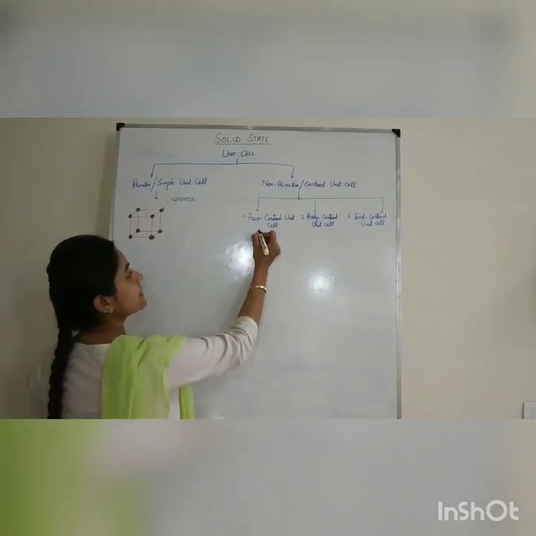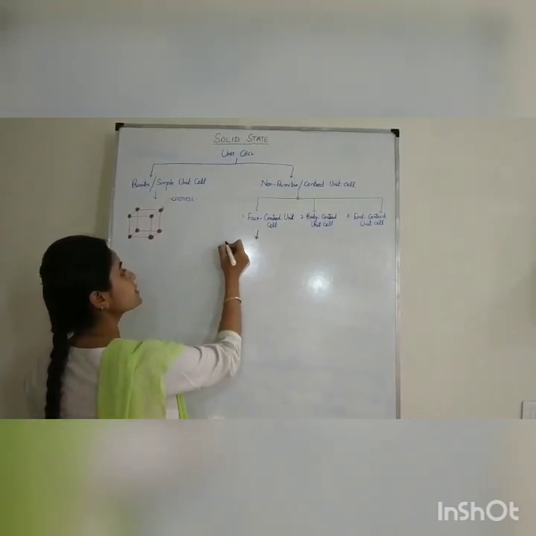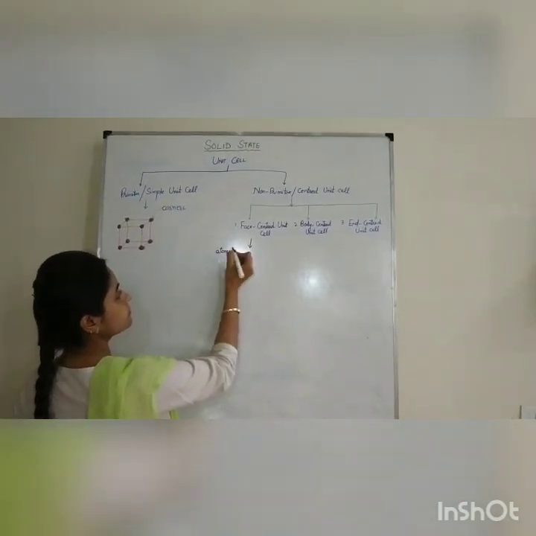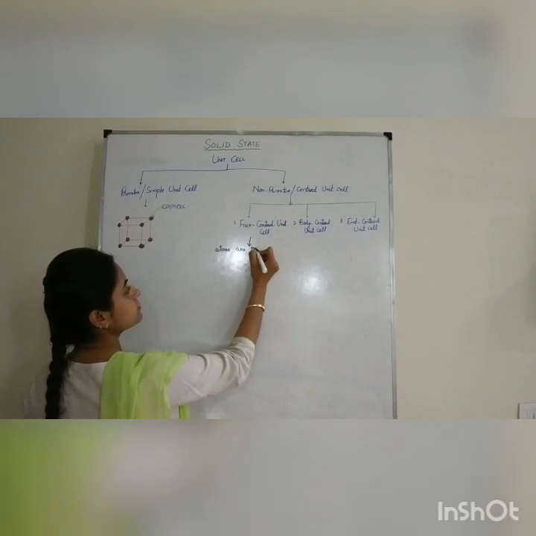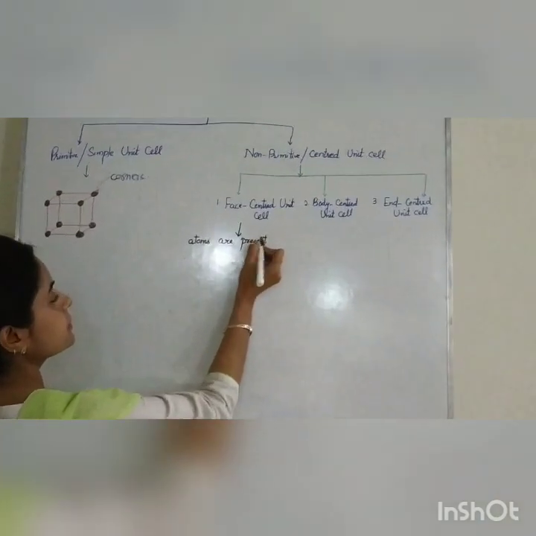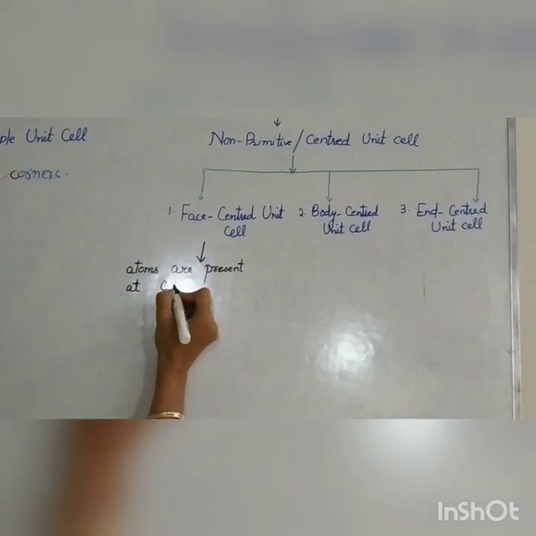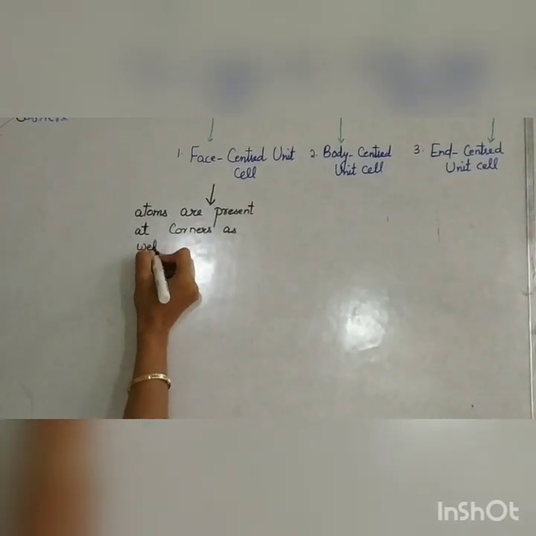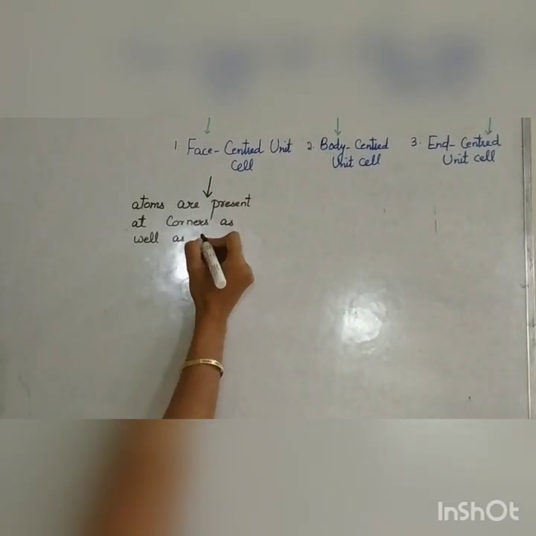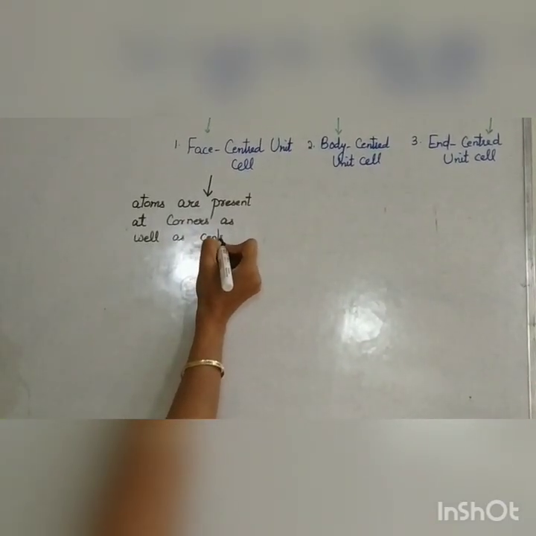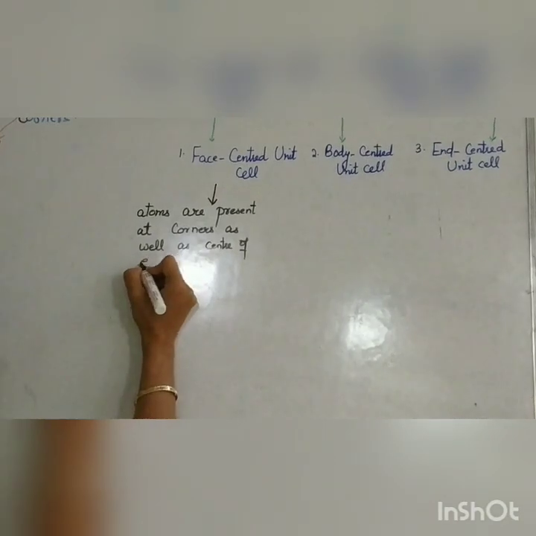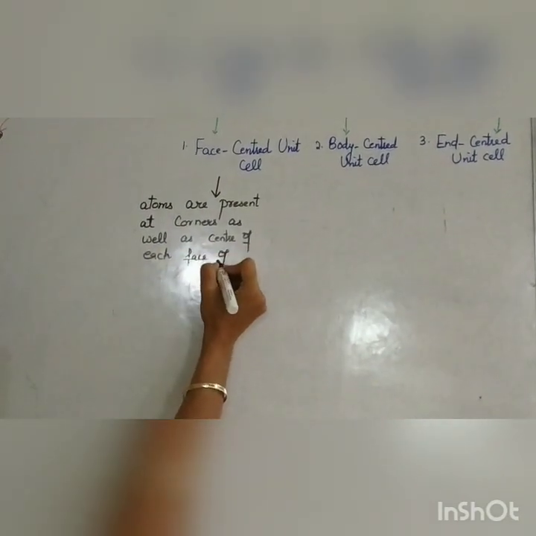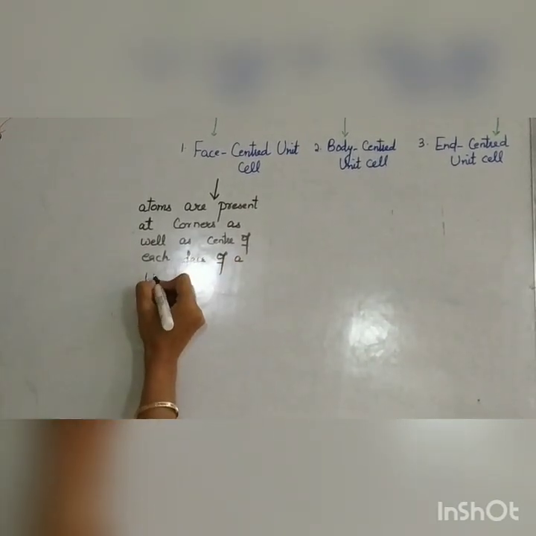Face-centered unit cell is that cell in which atoms are present at corners as well as at the center of each face of a unit cell.